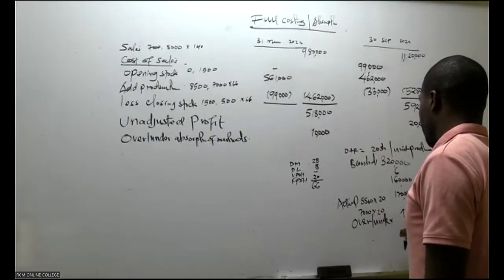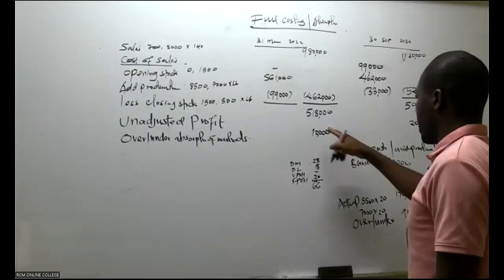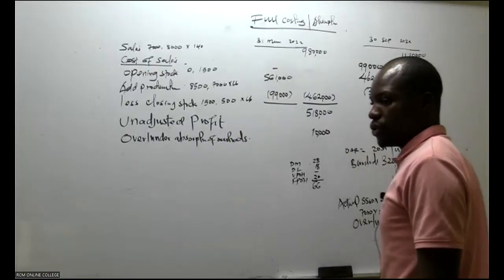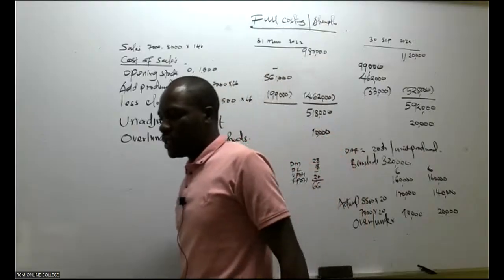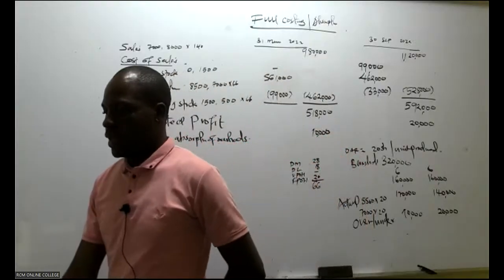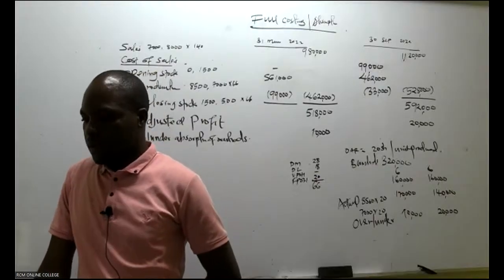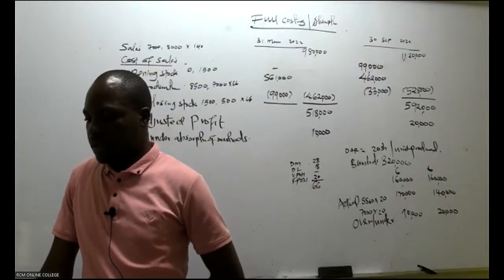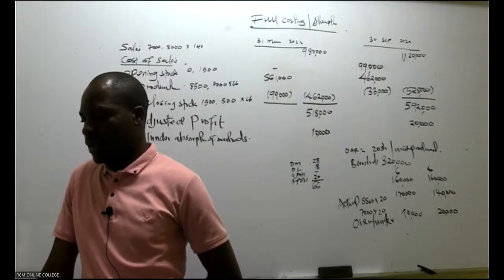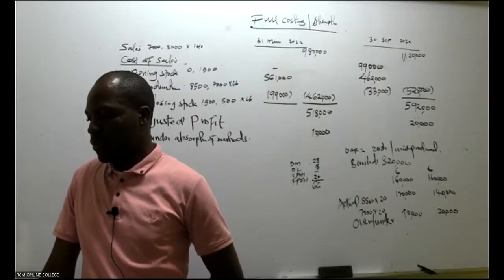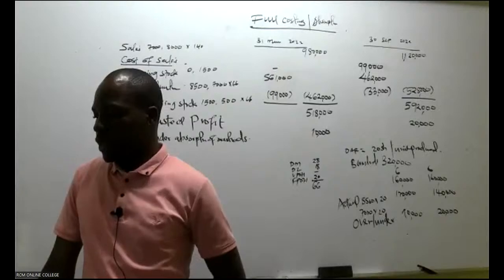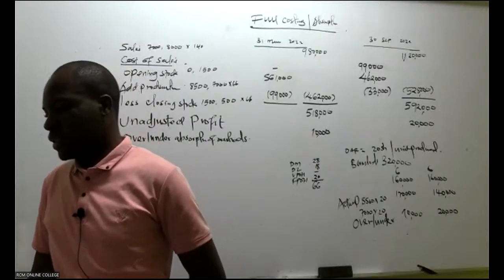So what am I going to do to make it to the real one now? What are we going to do? Add 20, less 10, add 10, less 20. Let's see those who are getting it correctly.